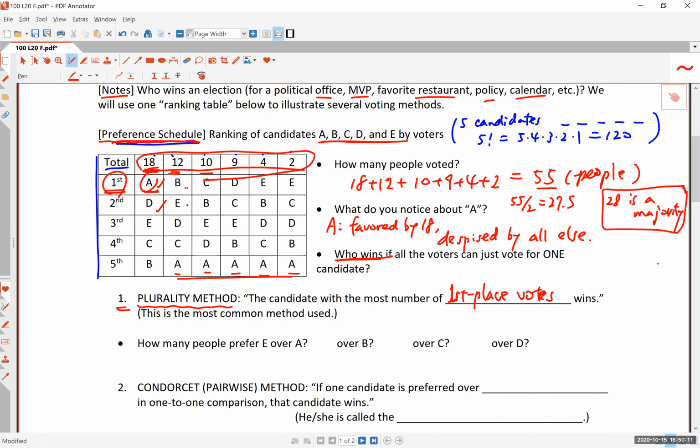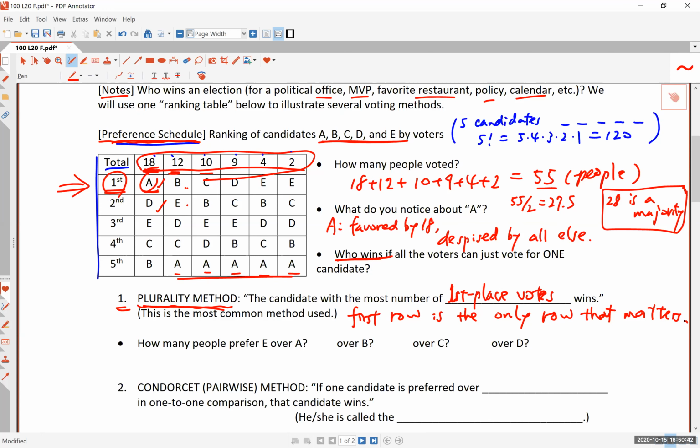No problem, right? This is the most typically practiced method of voting. This is the most common method. It virtually ignores all but the first row. The first row is the only row that matters in this method of election. You get that?